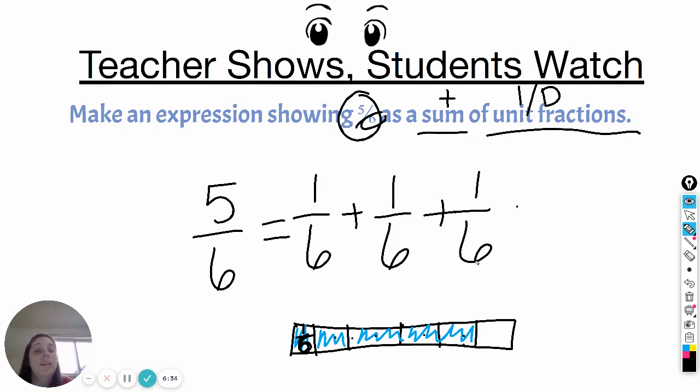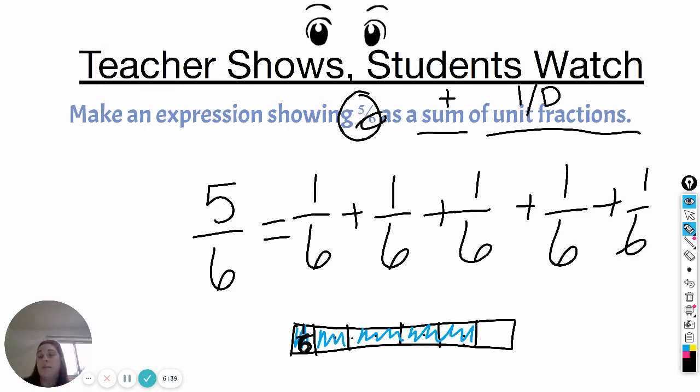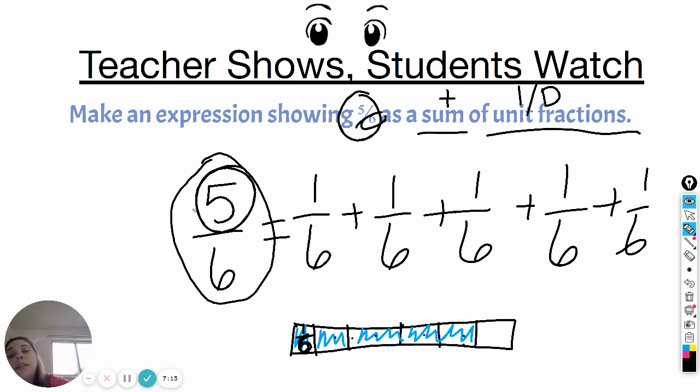That's 3 so far. Plus 1/6 plus 1/6. So if you look at just the numerator, that's 1 plus 1 plus 1 plus 1 plus 1. So 1, 2, 3, 4, 5. So we have 5/6 altogether. So really you're just adding up unit fractions that start with a 1 and have a denominator that's the same as your denominator. And you add them up however many times you need to get to that numerator.